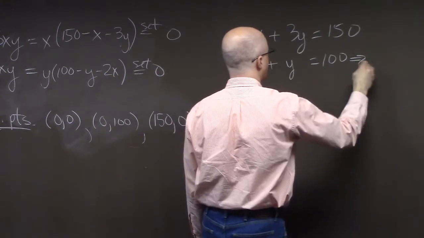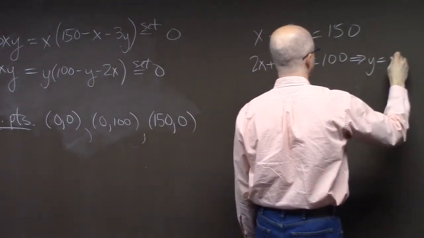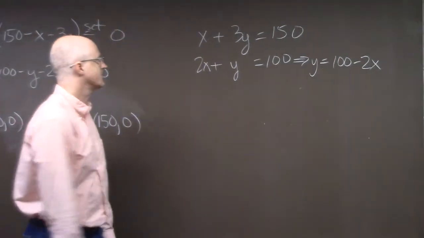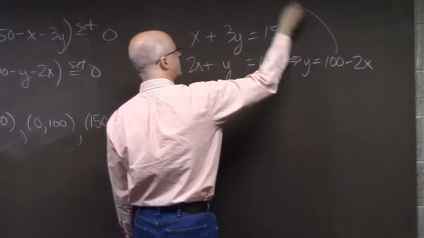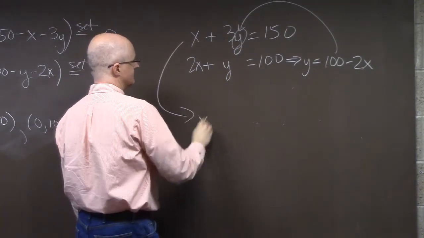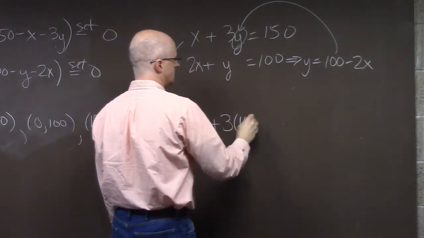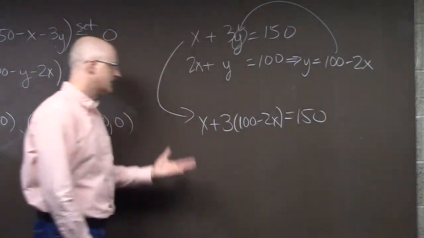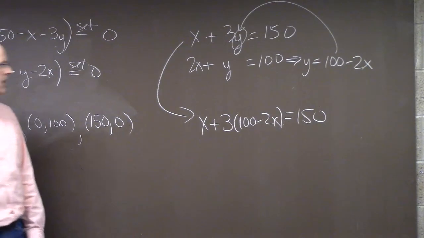You can take the second equation and solve it for y as a function of x. y is 100 minus 2x. Substitute that into the first equation in place of the y. And now that's a linear equation in x that can be easily solved for x.